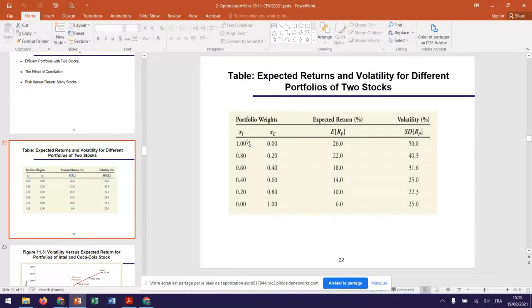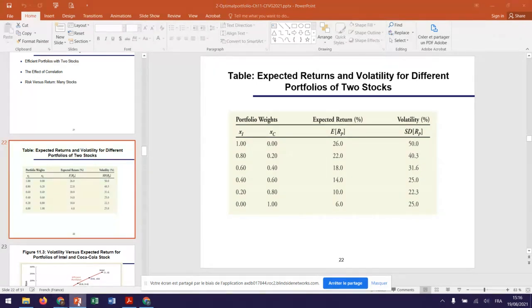The last row means you invest 100% in Coca-Cola stock and 0% in Intel. So the last row represents the expected return of Coca-Cola stock, which is 6%, and volatility of 25%. So how can we characterize Intel and Coca-Cola?